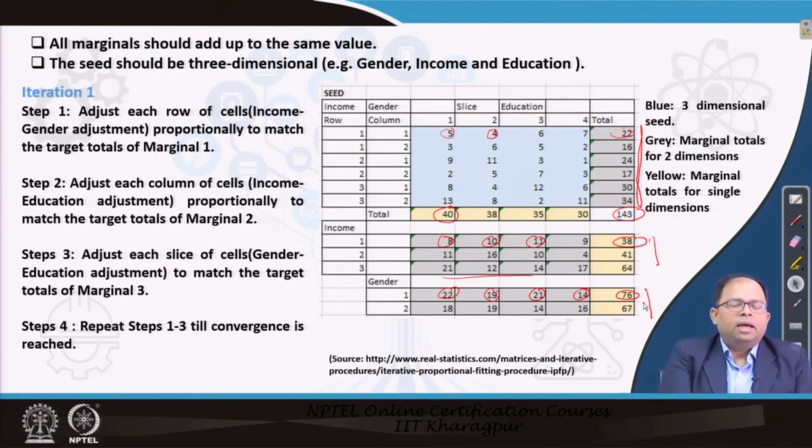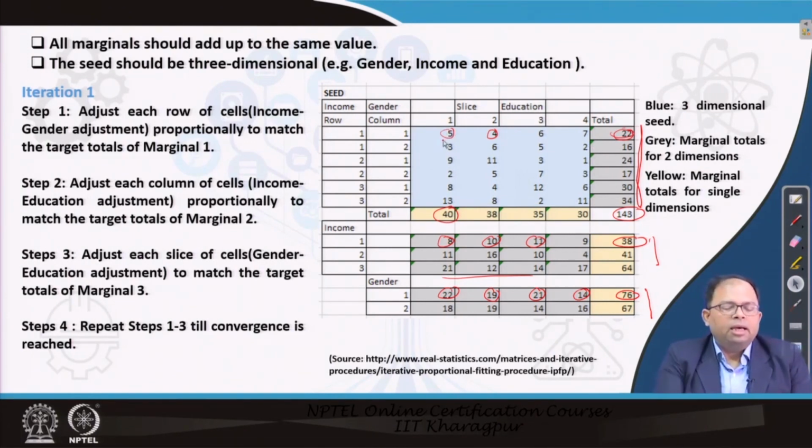In step 1, adjust each row of cells proportionally to match the target totals of marginal 1, which is the income gender adjustment. Using this value we can add up the seed values and compare with the target value. Then we can take the proportion, multiply the seed, and get a new estimate of the number of households for each demographic group.